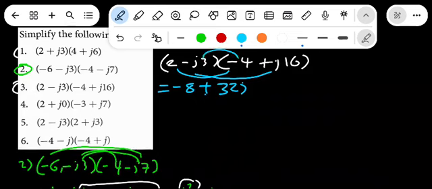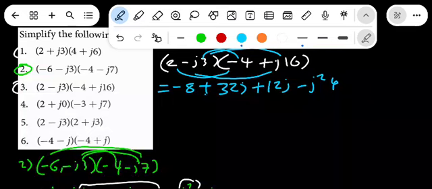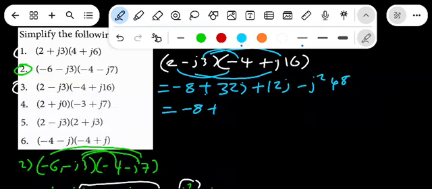Then multiply by this will be positive 12j, and multiplying the j's will be negative j squared 48. Then we have minus 8 plus 32j.